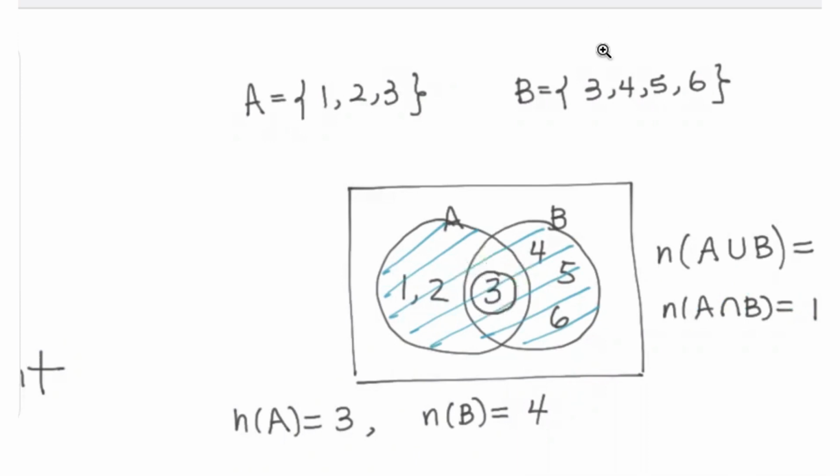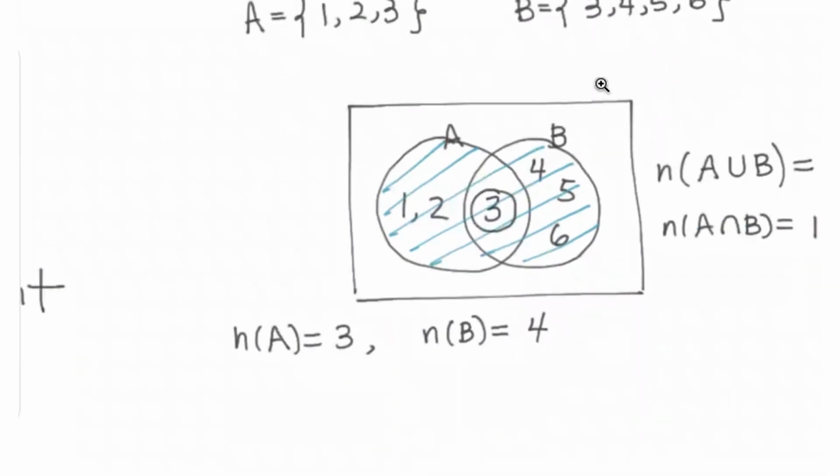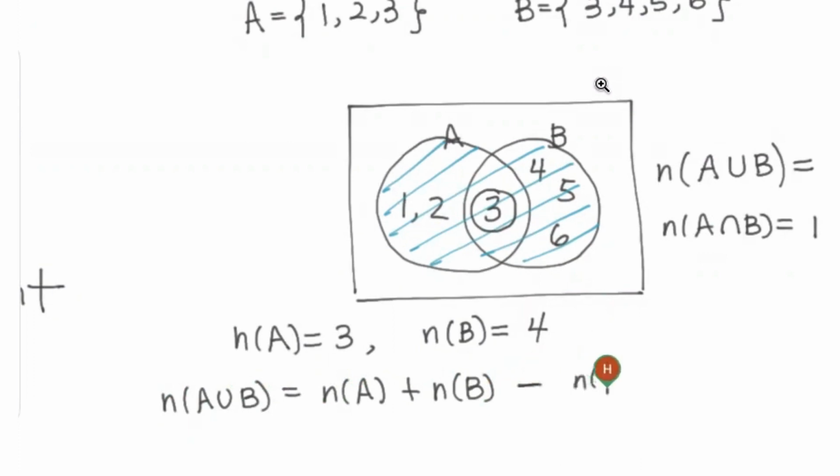So write it out as a union of 2 sets. The number of elements of A union B is the number of elements in A plus the number of elements in B. It's obvious, right? So everybody in A and B, and then we subtract the common elements. It's because we do not repeat.